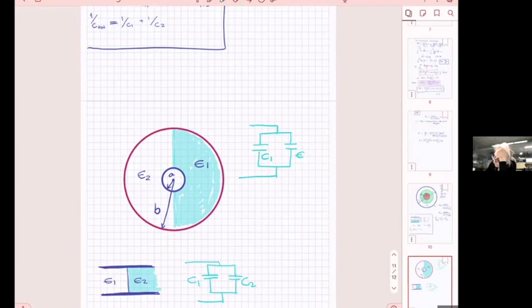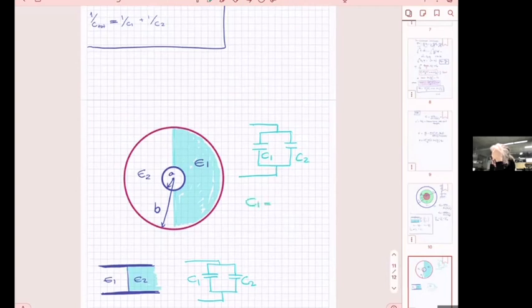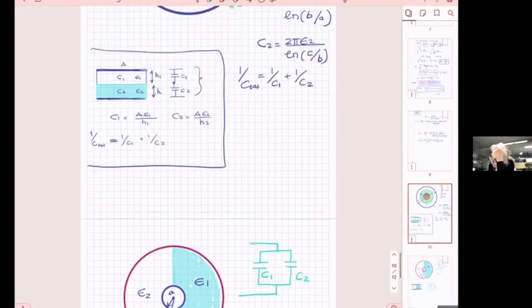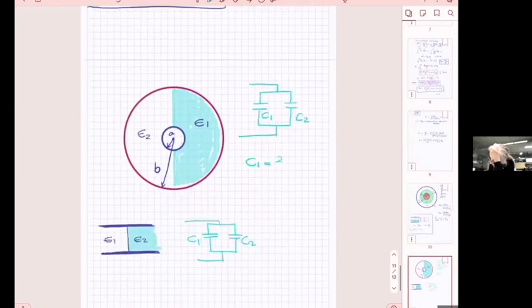C1 will be 2 pi epsilon 1 divided by logarithm of B over A. And C2 will be 2 pi epsilon 2 divided by logarithm of B over A. So it's like half of it is one coaxial and the other half is another coaxial, and then you put them in parallel.